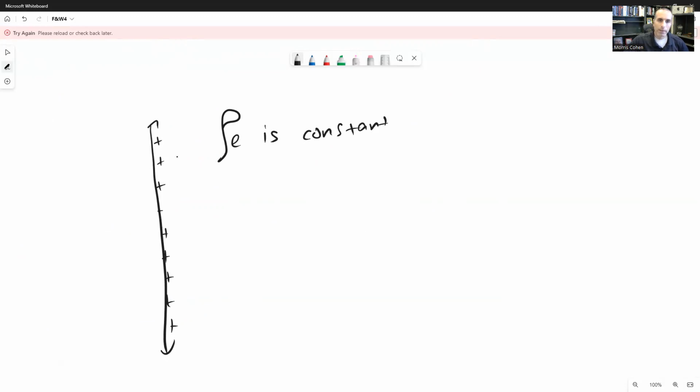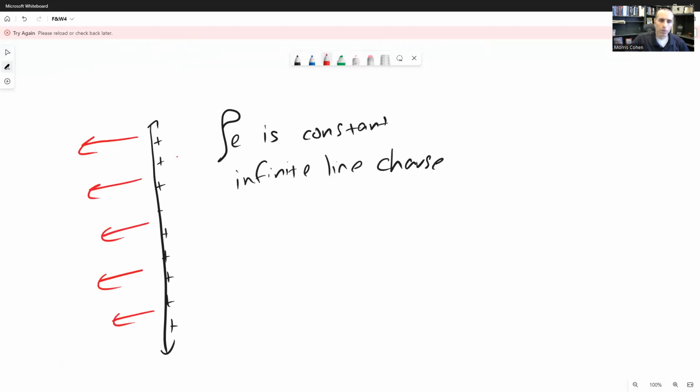This is an infinite line charge. For that, we're going to have electric field lines flowing straight out in both directions from this positive charge. If there were negative charges, you'd have the field lines going in, but I've drawn it positive. So it's always going radially away.